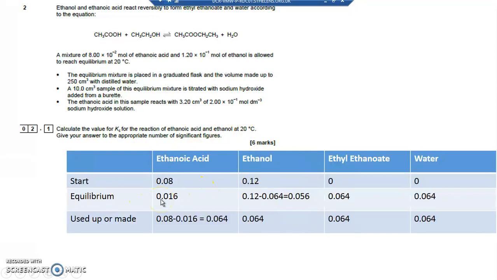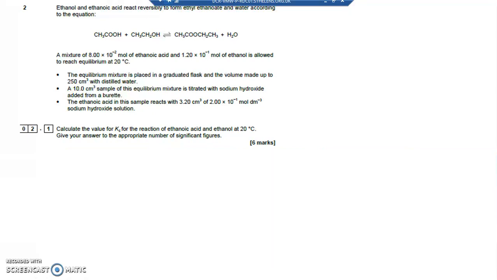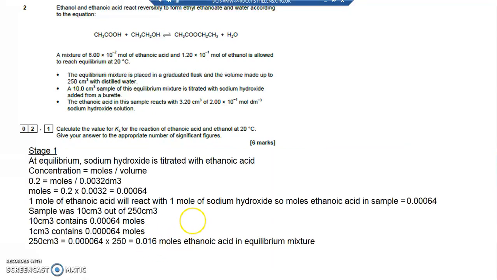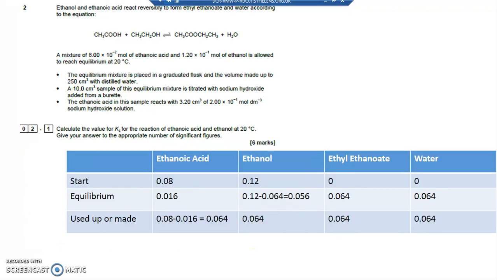Then at equilibrium, we've just worked out that there's 0.016 moles of ethanoic acid in the equilibrium mixture. So this 0.016 is what we've just worked out.